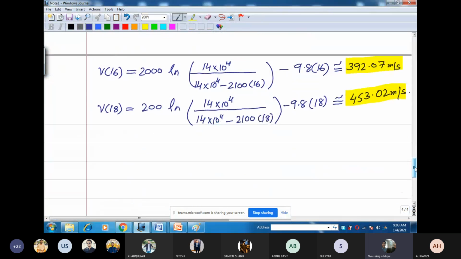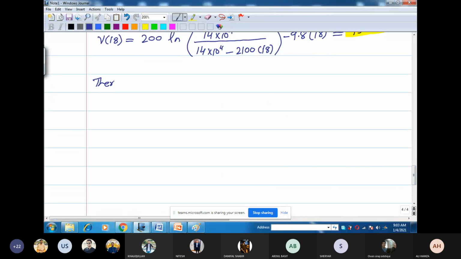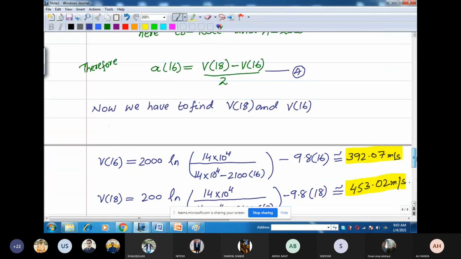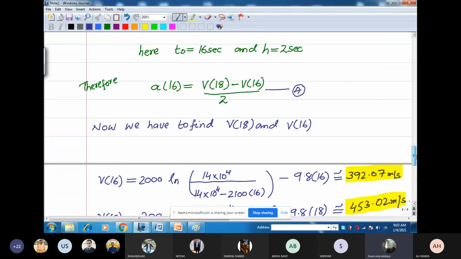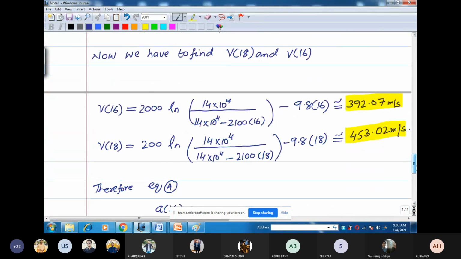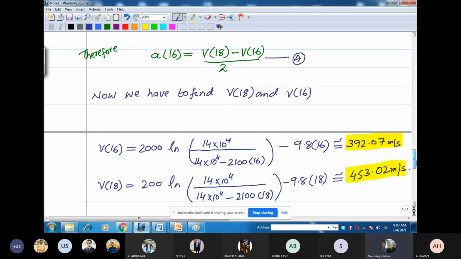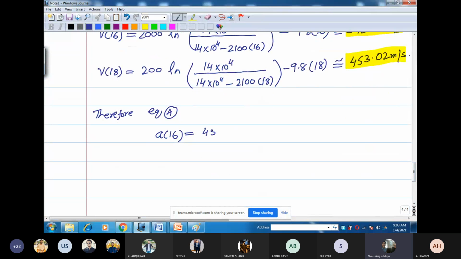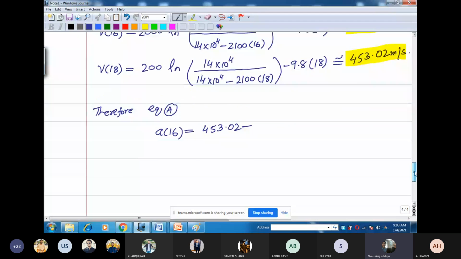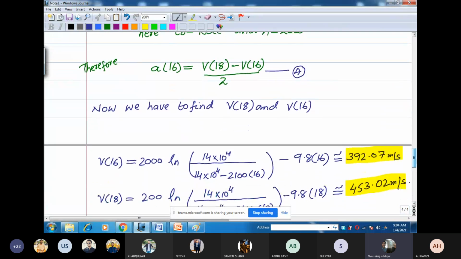Therefore equation number A becomes: the acceleration at 16 is equal to v of 18, which is 453.02, minus 392.07, divided by 2.